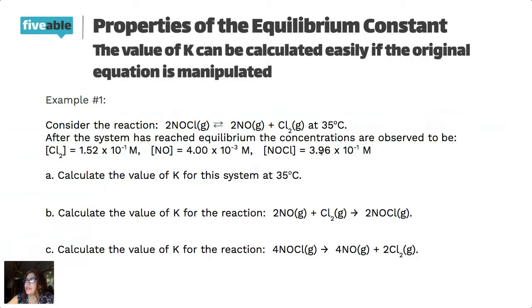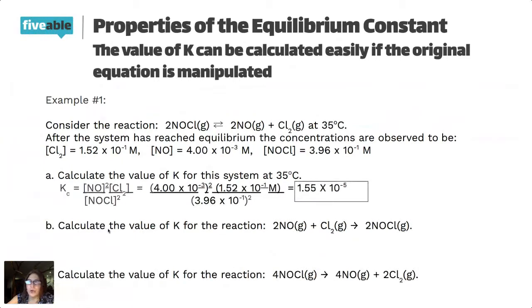We have the concentration of the 3 species. And it's first asking us to calculate the value of K, the regular K. So we're just going to do products to the power of the coefficient over reactants to the power of the coefficient. And remember that K is given with no units.